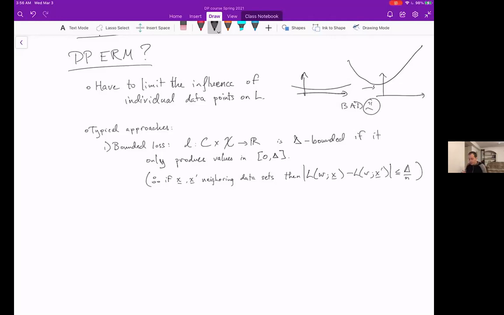So that's one way to limit the influence of any one point, and that actually is a pretty good one that'll allow us to get at least a handle on differentially private algorithms.